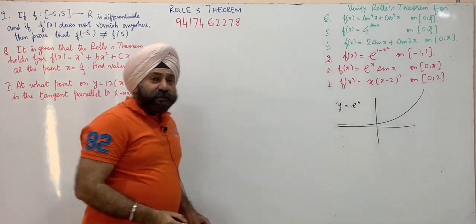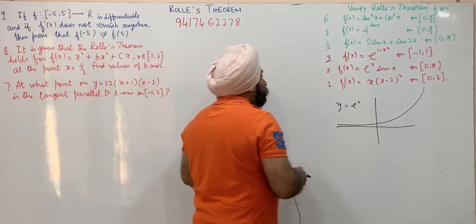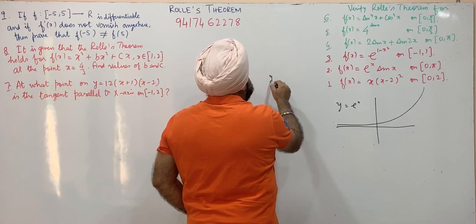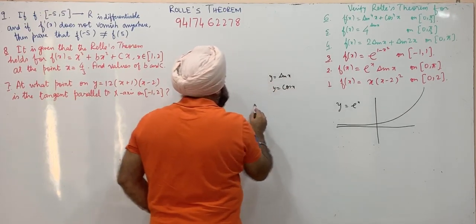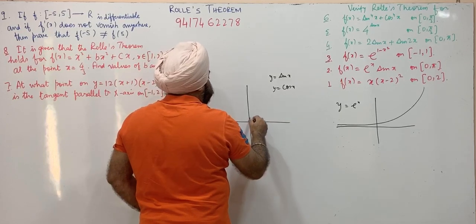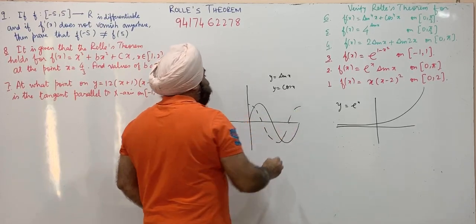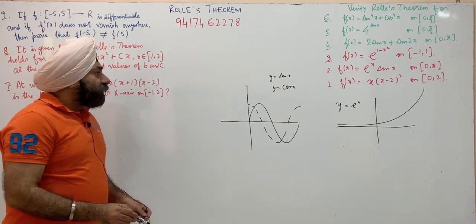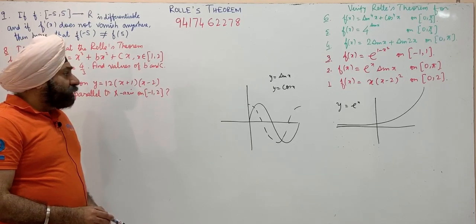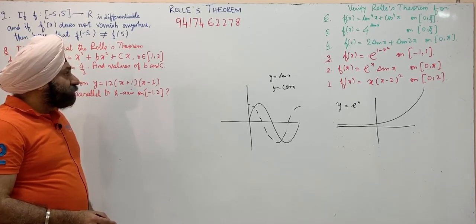From the graph it's clear that it's a continuous function, also a differentiable function. Then y equal to sine of x or y equal to cos of x. This is the graph of sine of x and this is the graph of cos of x. So these are continuous and differentiable everywhere. The remaining trigonometric functions are continuous and differentiable in their respective domains.